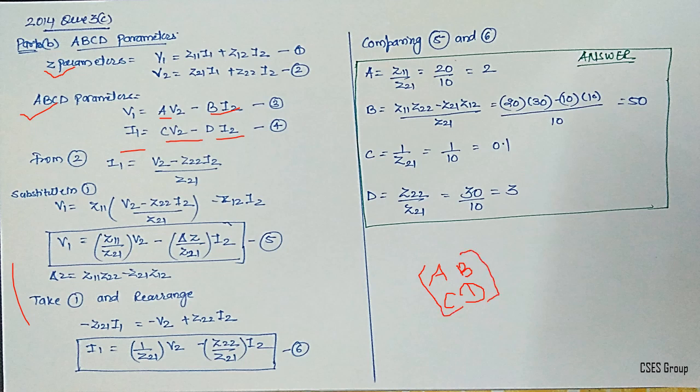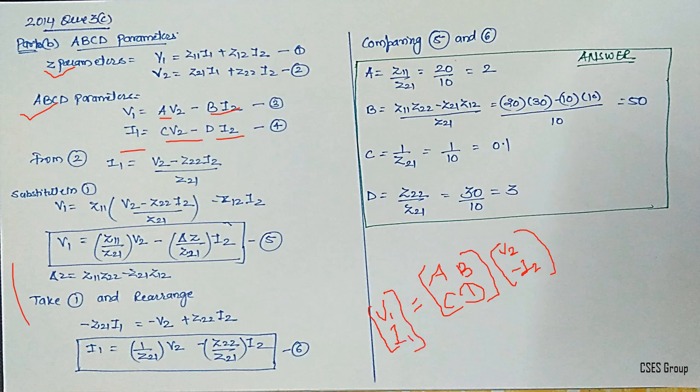If you don't remember the relationship for ABCD, then write V2 here and minus of I2 here, close the matrix, and in the left hand side you write this is equals to V1 and I1. Okay, so by this you can always remember the ABCD.